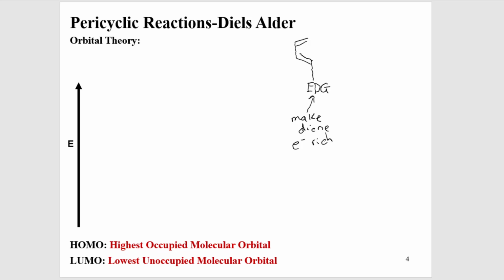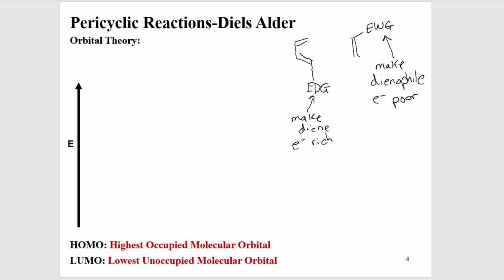If I do that, what do you think we should put on the dienophile? If you've guessed the electron withdrawing group, then you'd be right, because an electron withdrawing group is going to make the dienophile electron poor.